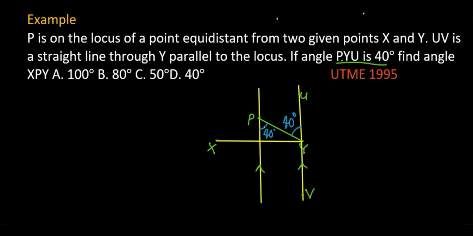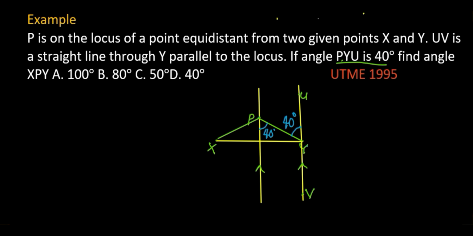We should also know that PY is equal to PX, according to what we have done in the past. Any point on the locus must have an equal distance from the fixed points X and Y. So PX is equal to PY.